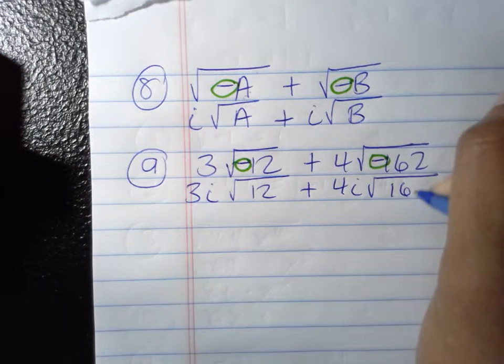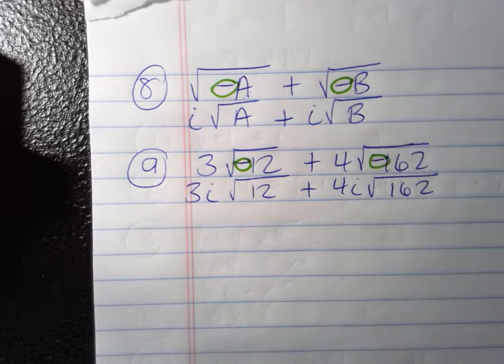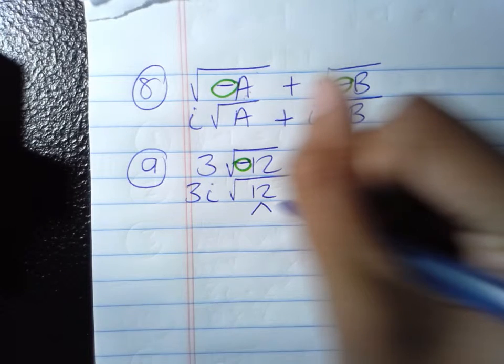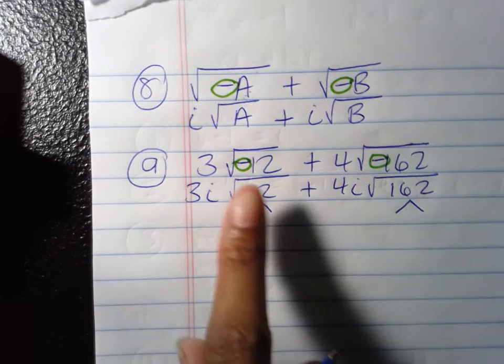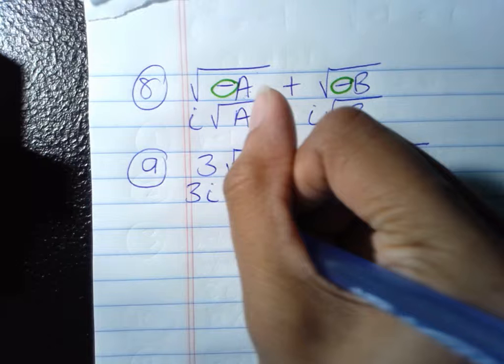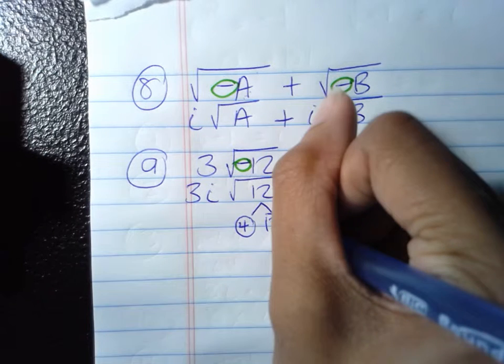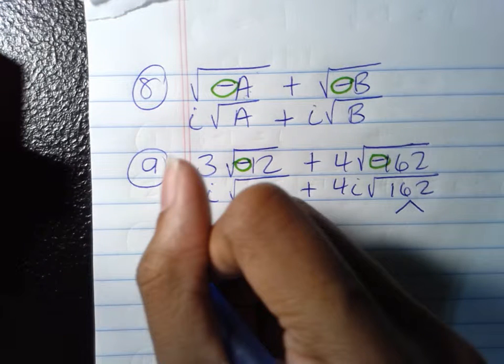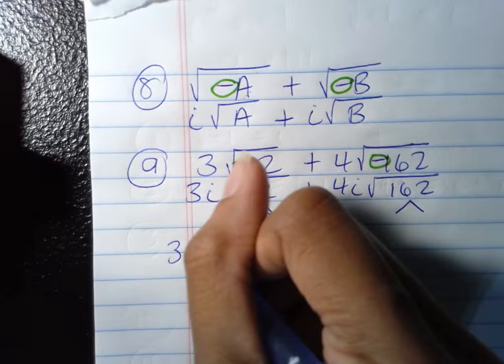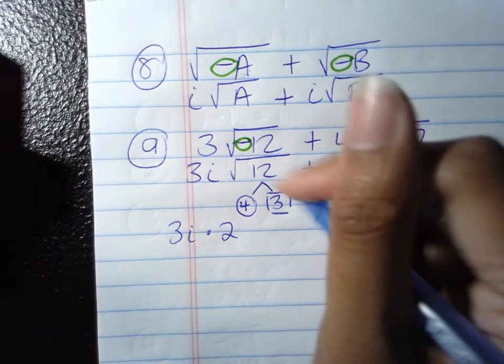Alright, what's a perfect square? There are perfect squares that go into these numbers. 4 goes into 12 3 times. So I'm going to have 3i times, what's the square root of 4? 2. What's going to stay inside? The 3.